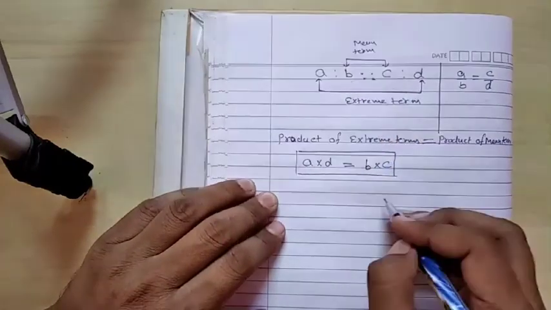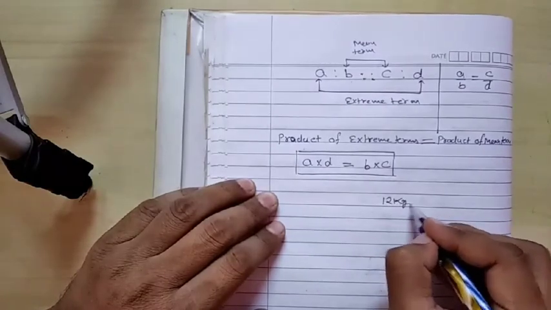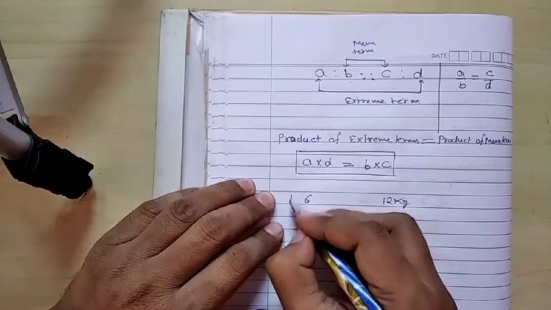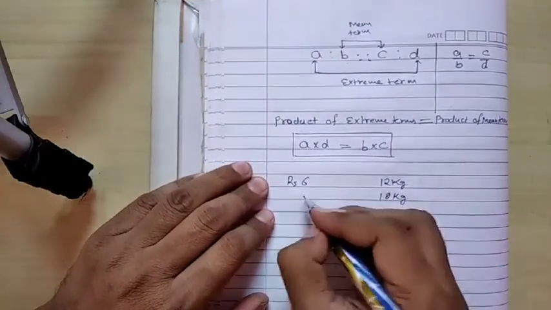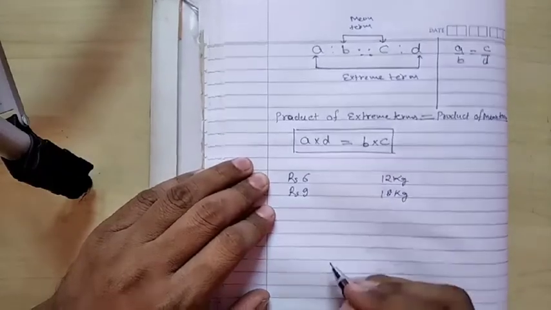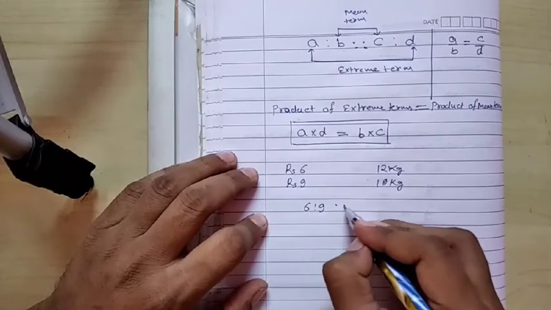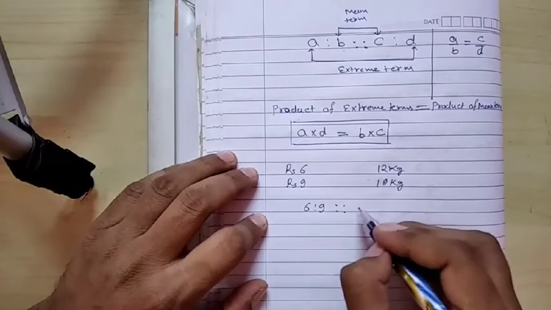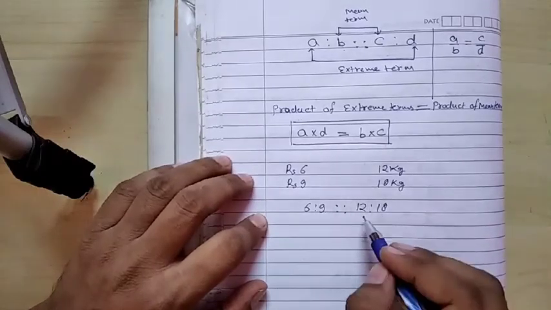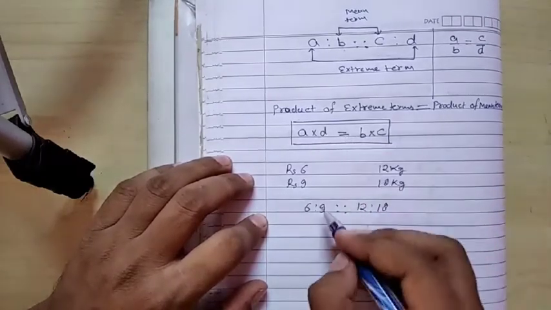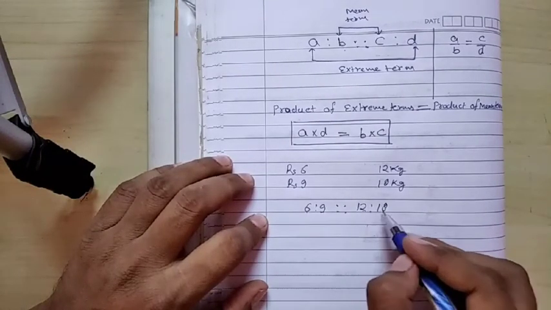Got it? I am taking the same example which I told you: 12 kg of potato for rupees 6 and 18 kg of potato for rupees 9. That means the ratio of rupees 6 is to 9 is the ratio of their quantity, 12 is to 18. Now we will solve this by this method. This is the first term, second, third and fourth.